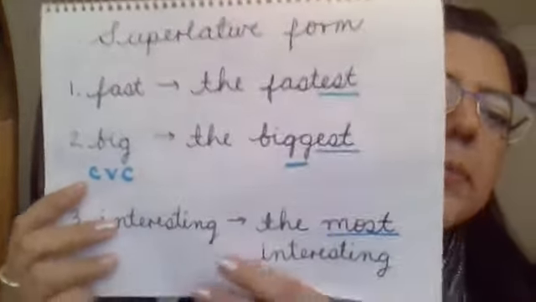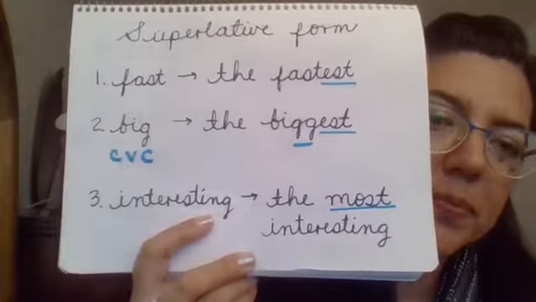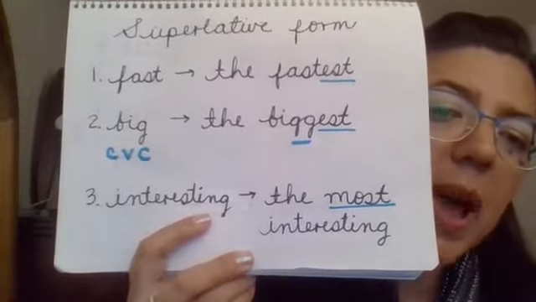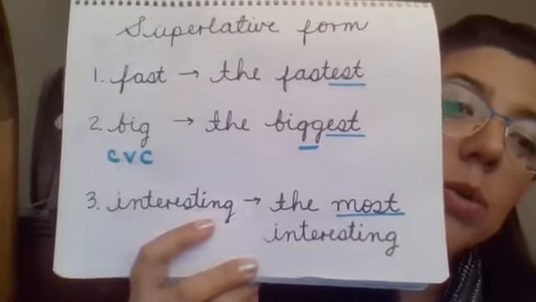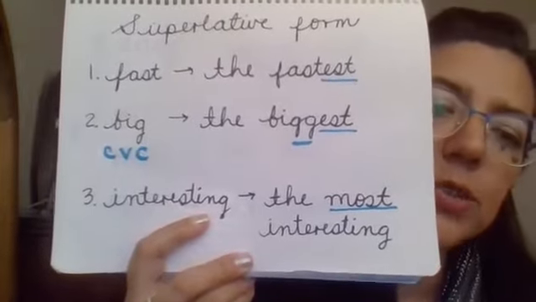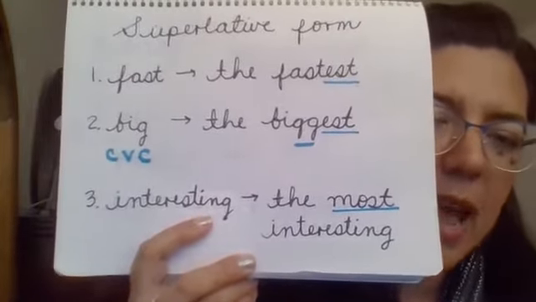Now, the third type is a long adjective, more than 2 syllables. In my example, I have the adjective interesting. I need to add the words the most interesting to the adjective.